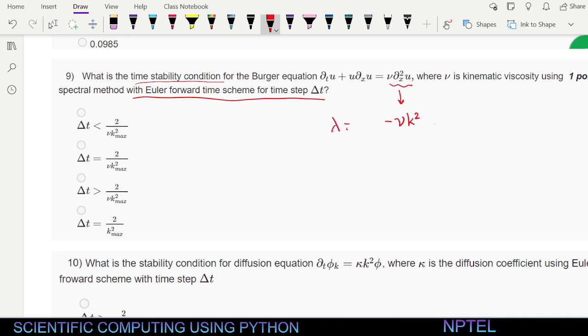So your lambda is going to be 1 minus nu k square delta t, and mod lambda should be less than 1, which means delta t max is going to be when this is equal to minus 1. So that will give you 2 divided by nu k square max.